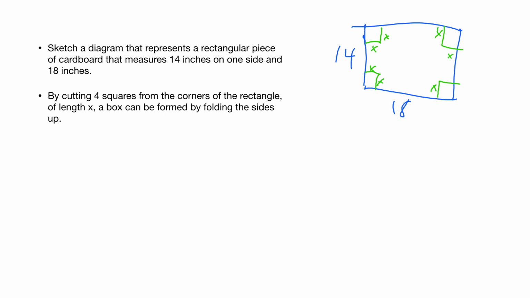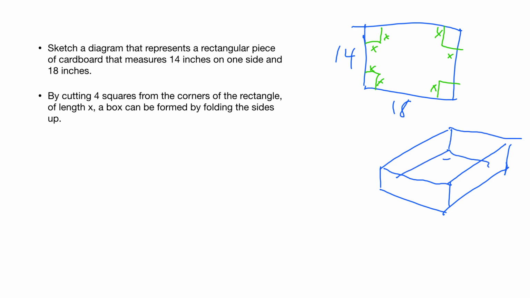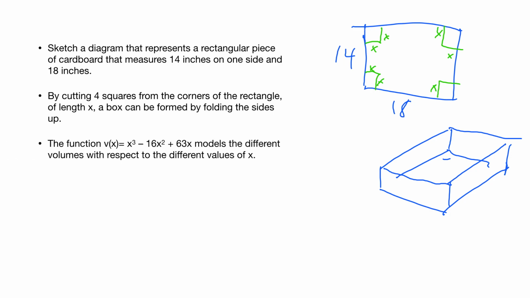Now, whenever I do that, I end up getting something that looks like the top of an office supply box. The ones that you create yourself that have a top, that have a lid, it's going to end up being that.